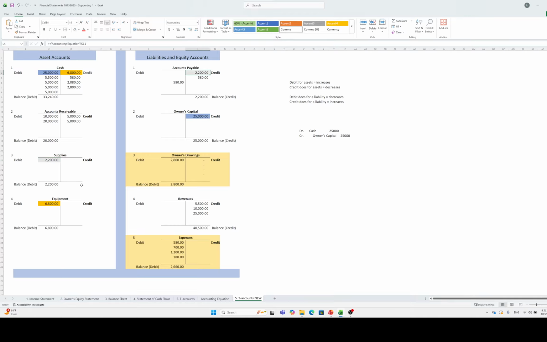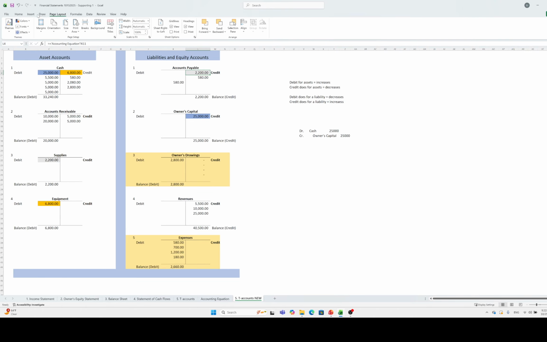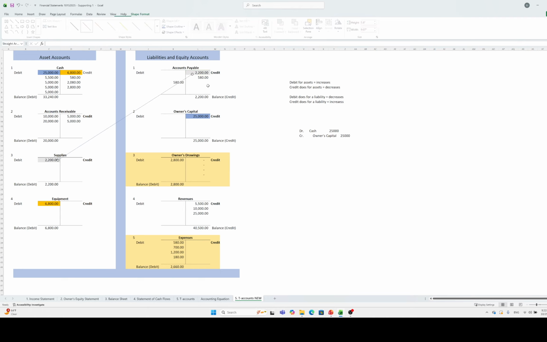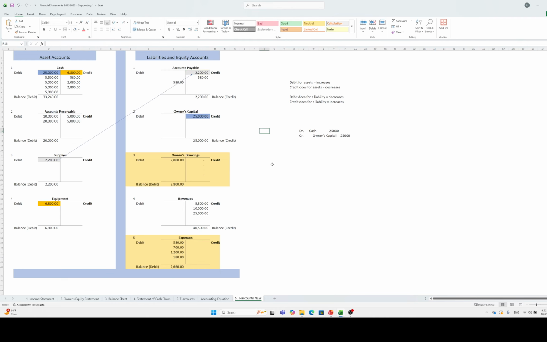Accounts payable. So these two accounts are related. I can also make using these signs, but then we're gonna have a lot of these that will be difficult to follow. So the best way would be to put them in the same color so it's easy to follow.